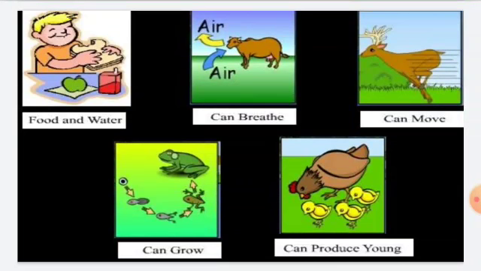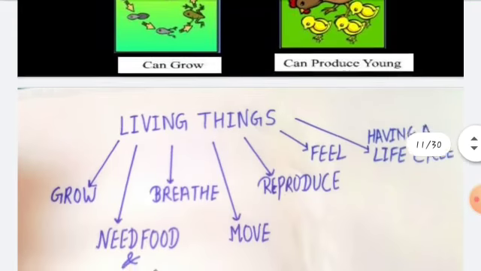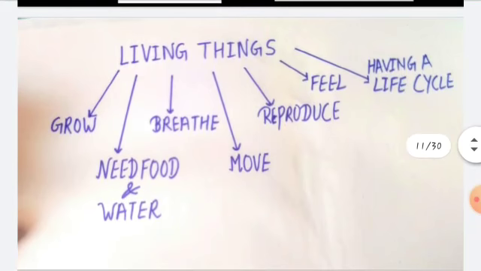The living organisms move, they can grow, and they can produce young ones, as you can see in the picture. Hence, the living things can grow, need food and water, can breathe, can move, can reproduce, can feel, and they have a life cycle.